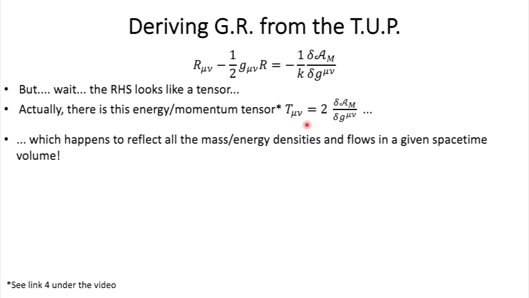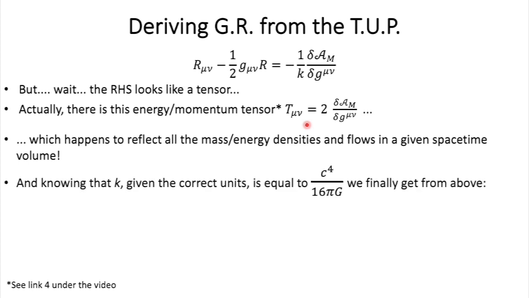How lucky we are. Wow, fantastic. And knowing that K, given the correct units, is equal to this, we finally get from all of that this equation here. This equation, I'm sure you've noticed, is the Einstein field equation, or equations if you consider that tensor equations are in fact multiple equations.